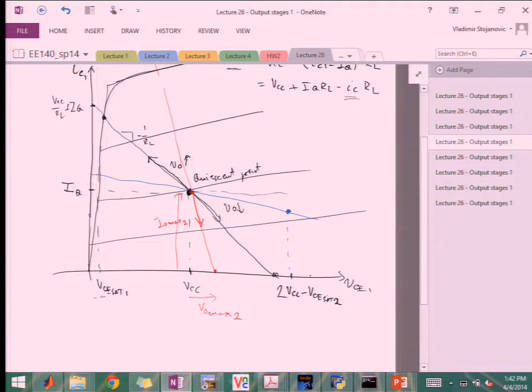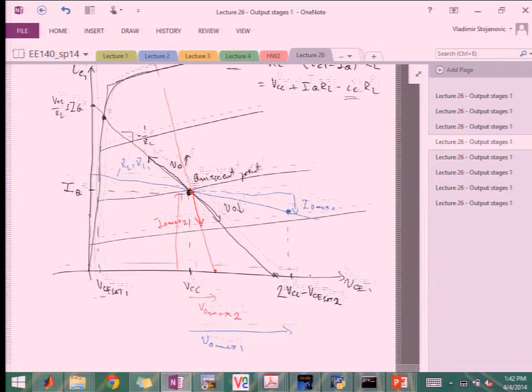And I won't need a lot of current through Q1 to be able to do that. So this will be my IO max, let's call it 1. This is going to be RL equal to RL1. And in this case, my V output max 1 will be VCC minus VC sat 2.